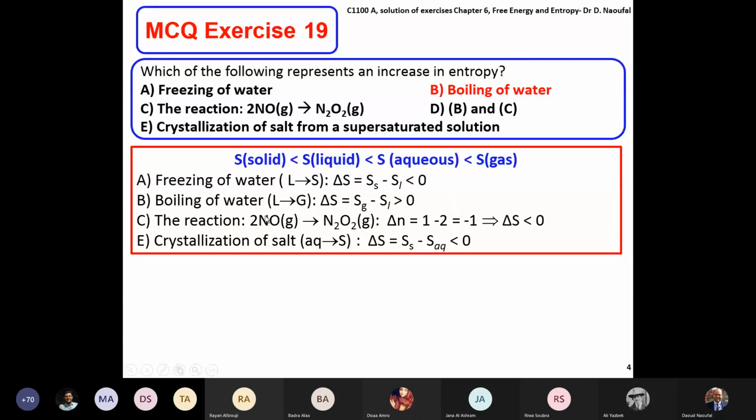D, B and C. So D is incorrect, since C is incorrect. We pass to E, crystallization of solid from supersaturated solution. We have a solution containing ions that is transformed to solid. So the order increases, and therefore delta S is negative. So the correct answer is only B.